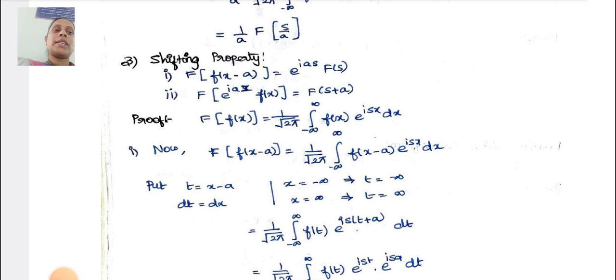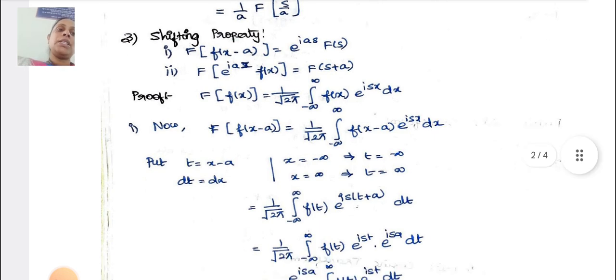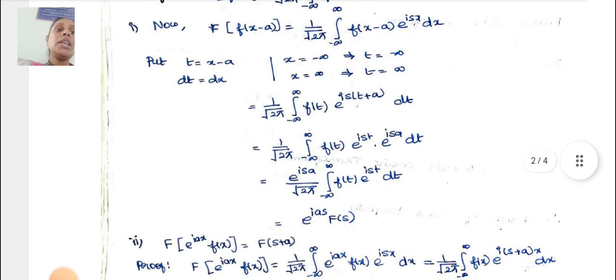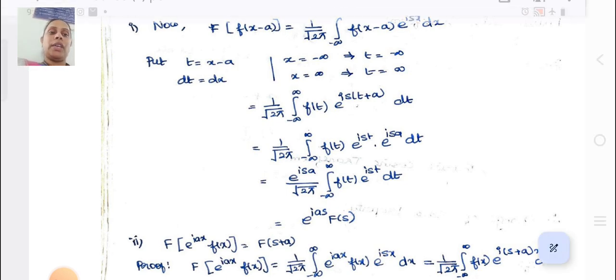Here also we replace x with x minus a. Then we substitute t equal to x minus a, and differentiate, so dt equals dx, and the range is minus infinity to infinity. After that we replace the t and dt values, so the value is e power i a s into capital F of s.